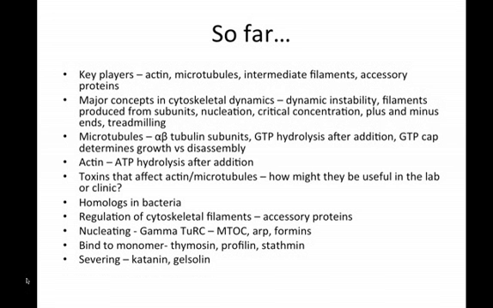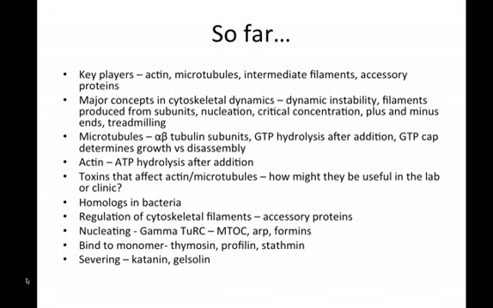We spoke about the makeup of microtubules and actin, the fact that they have some sort of NTP bound, and the NTP is hydrolyzed upon addition. And then, of course, something I didn't put up here, but is the fact that the D-bound state binds more weakly, which is why the D-bound state is more apt to dissociate.